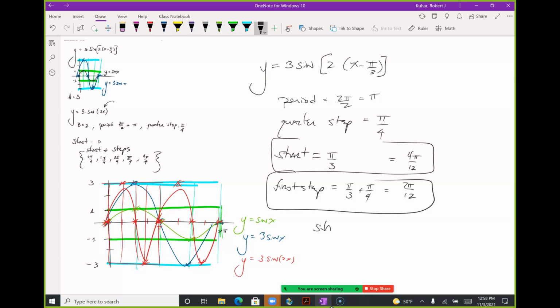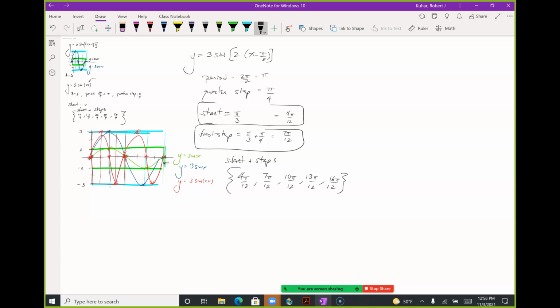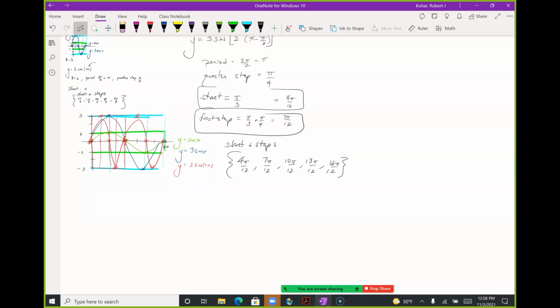So my start and steps are 4 pi over 12, to 7 pi over 12, to 10 pi over 12, to 13 pi over 12, to 16 pi over 12. So I'm now ready for my rectangle.